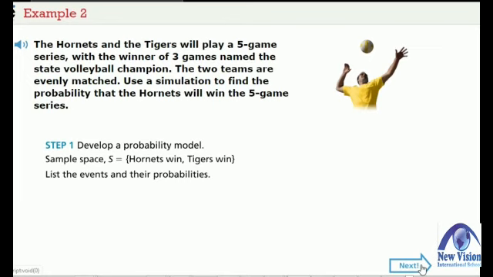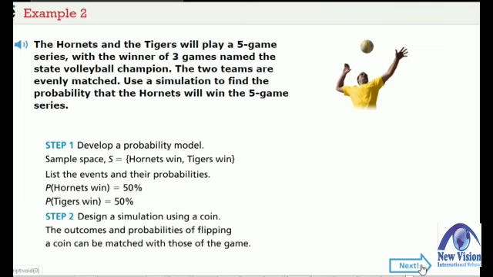Sample space as Hornets win and Tigers win. So list the events and their probabilities. Probability of the Hornets win is 50% and the probability of Tigers win is 50%.